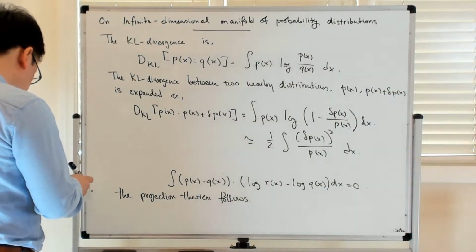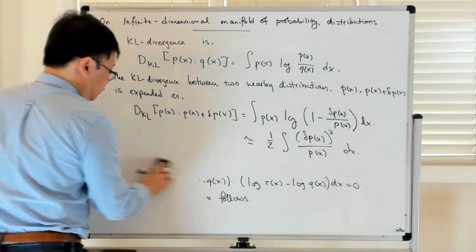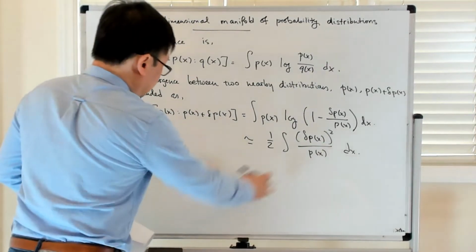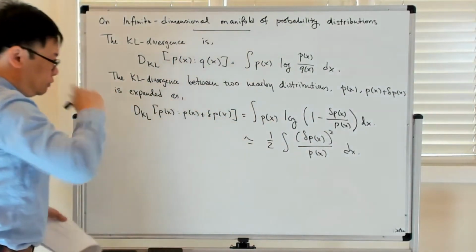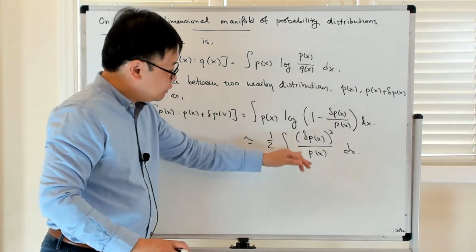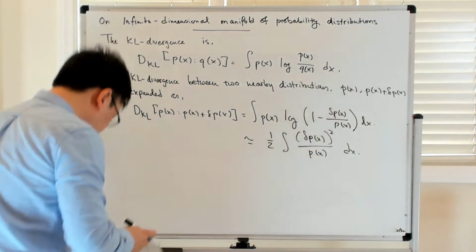With that, this is essentially telling you something about the Riemannian metric which this KL divergence is inducing on this problem.